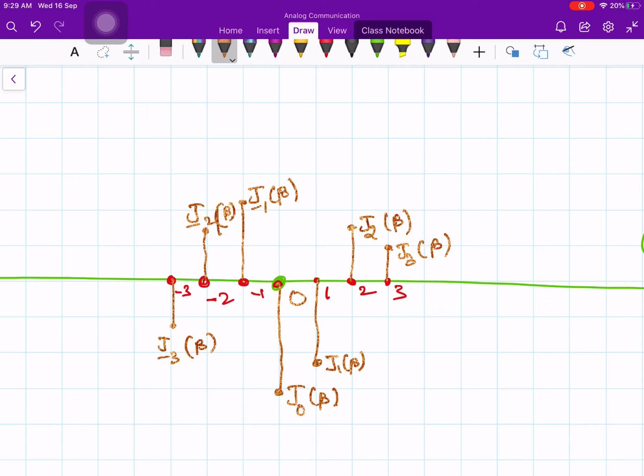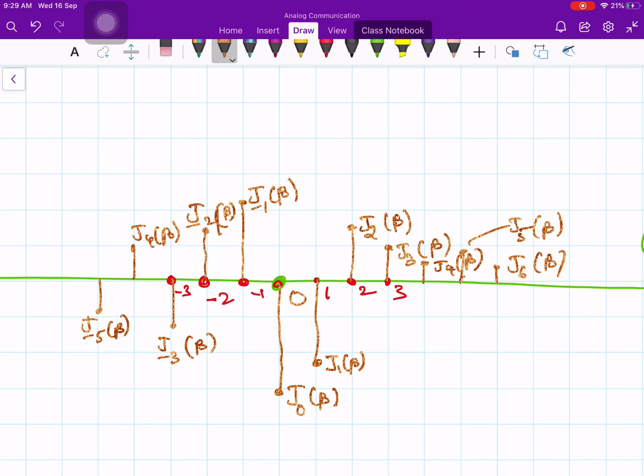The left hand side also you will get; let me complete a few more terms. This is J4 of beta, and here also J4 of beta, and this one is J minus 5 of beta, and let's say this point is J5 of beta, and it keeps going, and say this is J6 of beta, and this also J6 of beta, J minus 6 of beta, and so on.